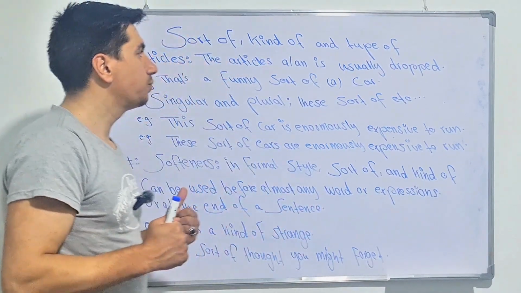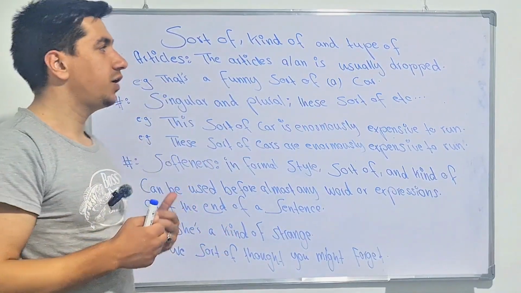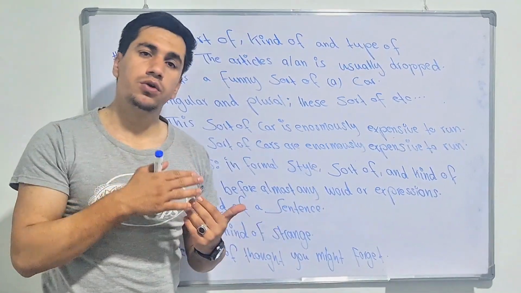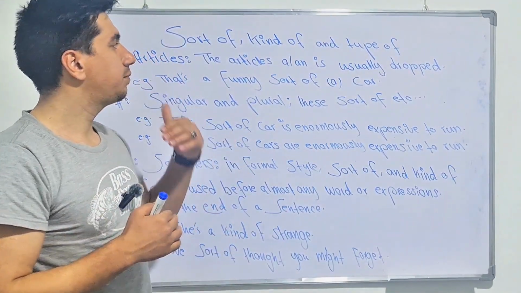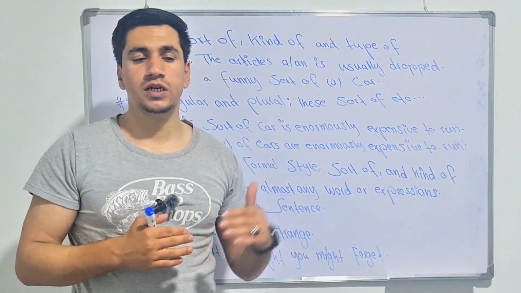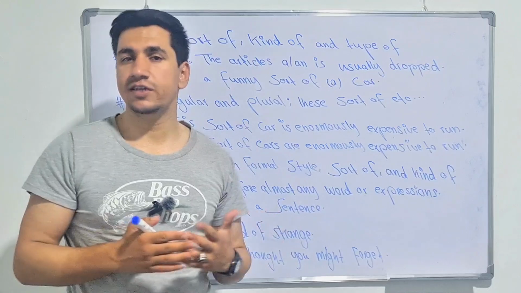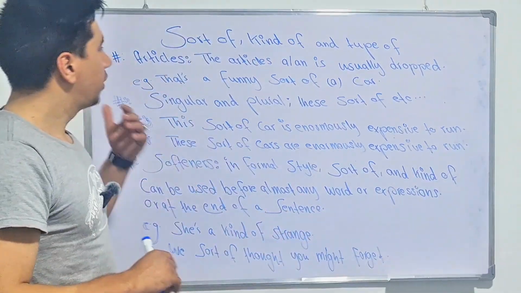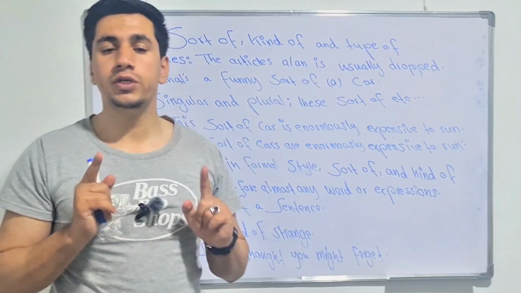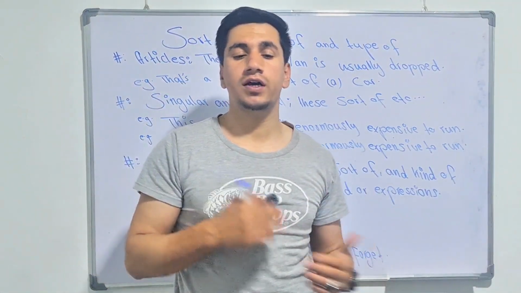Our lesson is about "sort of", "kind of", and "type of". If you take a profound look, there are some differences, but when it comes to understanding, they're actually very identical. We can use them on different occasions. The article "a" or "an" is usually dropped when using "sort of", "kind of", and "type of".